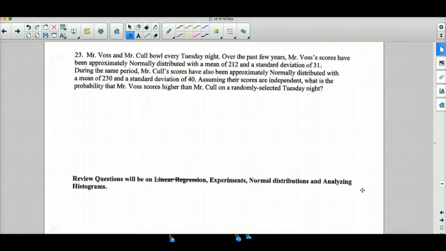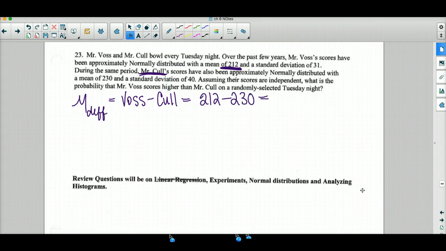So we're looking for the probability that their difference is greater than what? 0. So Voss's scores are 212, and Cole's scores are 230. So the mean difference of Voss minus Cole is 212 minus 230, which is negative 18.